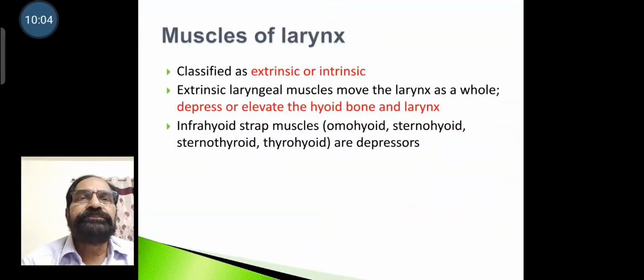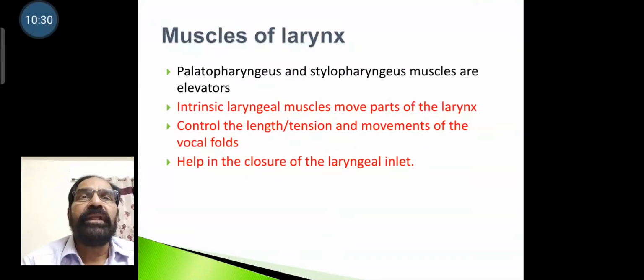Muscles of larynx. They are classified as extrinsic and intrinsic. Extrinsic laryngeal muscles move the larynx as a whole, depress or elevate the hyoid and larynx. Infrahyoid strap muscles like omohyoid, sternohyoid, sternothyroid, thyrohyoid are depressors.